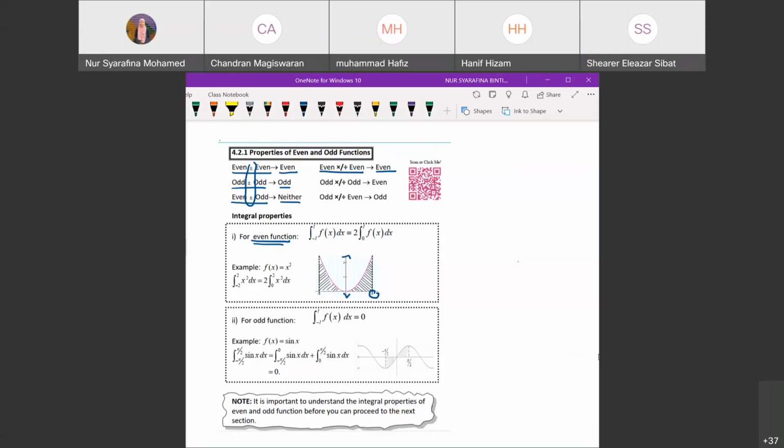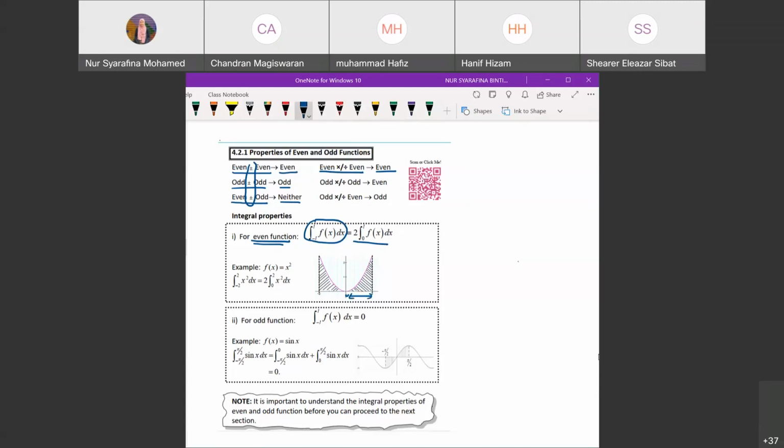So you just need to multiply by 2 the integral from 0 to L, because this is symmetric about the y-axis. So the integral of f(x) from -L to L is equivalent to 2 times the integral from 0 to L. Here we have x squared. You want to integrate from -2 to 2, so you just integrate from 0 to 2 only, then multiply by 2 to get the whole shaded region there. That one is for even.